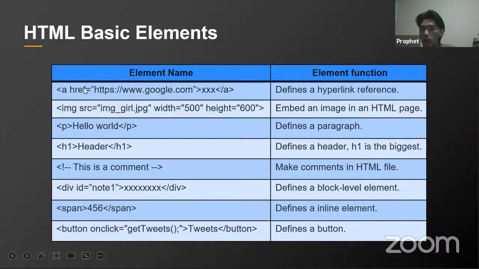And you need to use the keyword href, hyperreference, to define a website link or some path so that users can select these elements and go to the destination. Okay, and the second element is the image. You can use the image tag to describe or to link an image file in your file system.